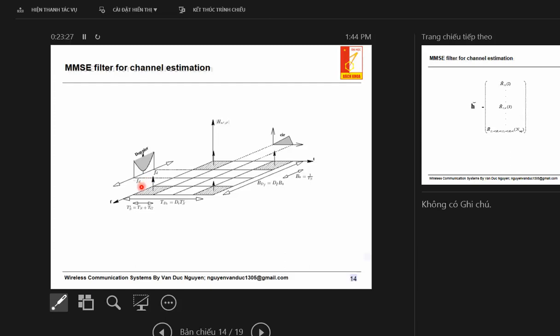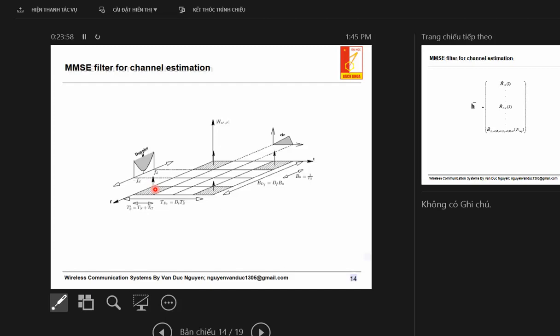Then, based on this channel information that you know at the pilot positions, you can interpolate, or predict or estimate, the channel at the position of the data. Once you have the channel at the data position, you can decode the signal.